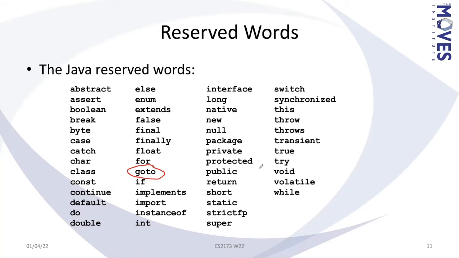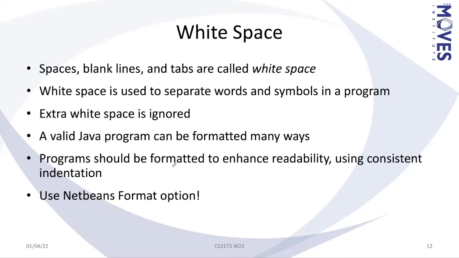The go-to could produce so-called spaghetti code. It's just kind of going all over the place. Java said that was a bad idea, so it disallowed it by defining the word go-to as a keyword and then giving it no functionality. So you're not allowed to use the word go-to, and it doesn't do anything.